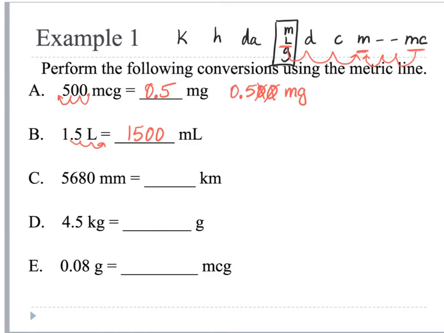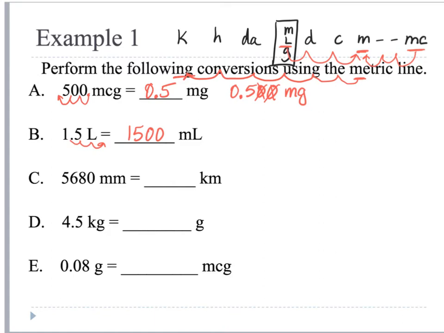Part C, I'm looking at 5,680 millimeters is how many kilometers? So milli is all the way over here. Kilo is the first one over here. And so I want to go from milli, 1, 2, 3, 4, 5, 6 places to get to kilo.